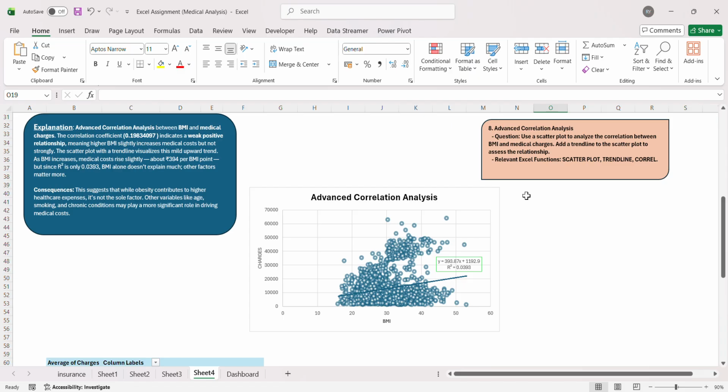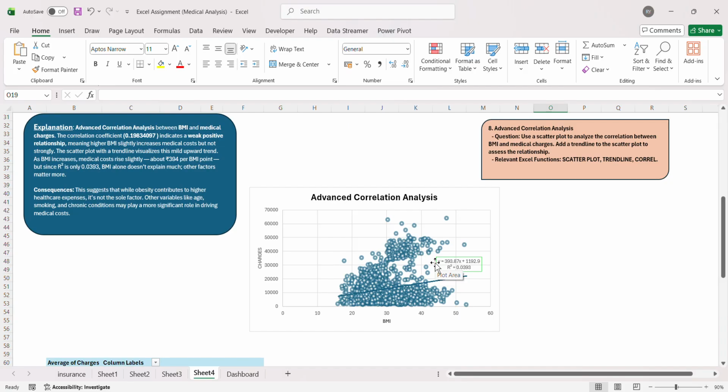Now we are on the eighth question, advanced correlation analysis. For BMI and medical charges, the correlation coefficient of 0.198 indicates a weak positive relationship, meaning higher BMI slightly increases medical cost but not strongly. The scatter plot with the trend line visualizes this mild upward trend. As BMI increases, medical costs rise slightly, about rupees 394 per BMI point.